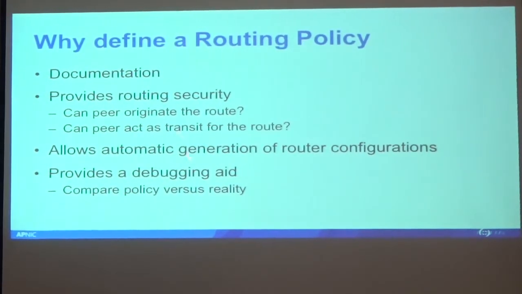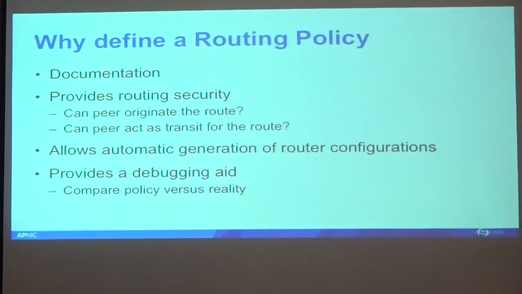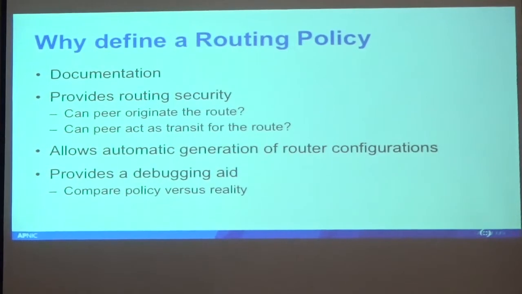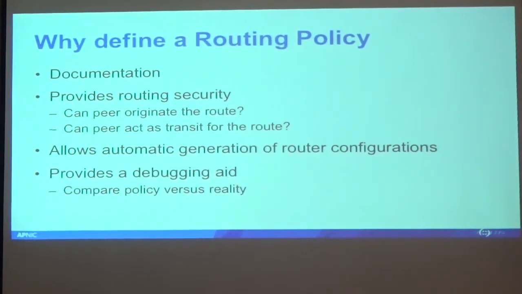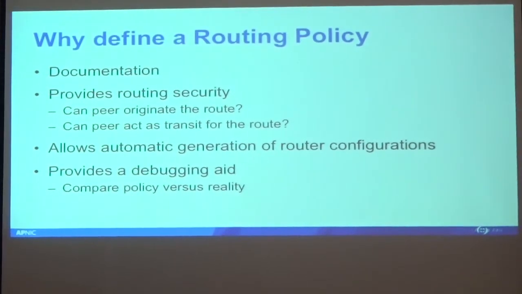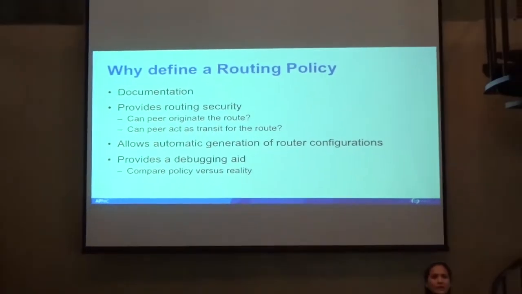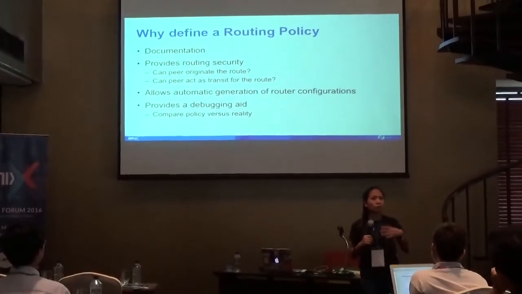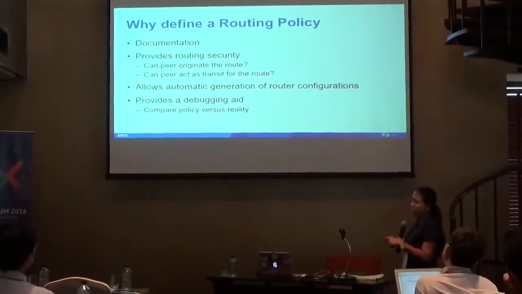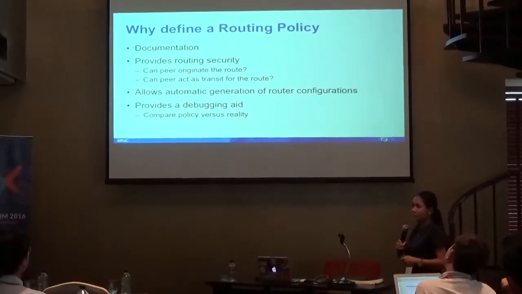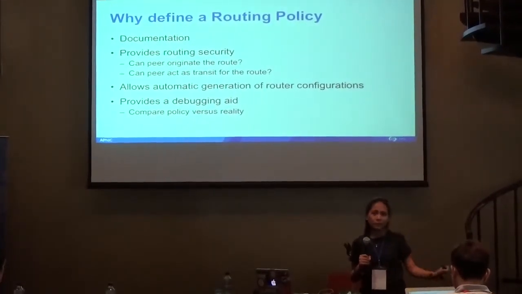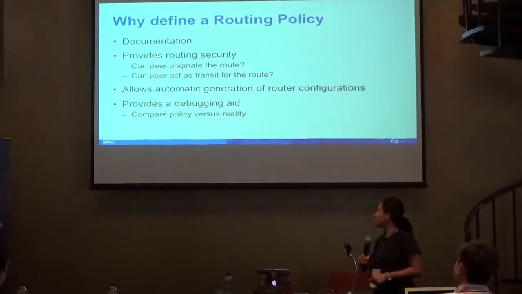It provides routing security because you are now providing other networks the opportunity to see that this should be announced by this network and things like that. Basically, they look into what should be announced coming from this prefix, and then they can create their own policies accordingly. Can peers originate this route? Can peers act on this particular route? Can they transit this particular route? Because of that public database, they can see that information.